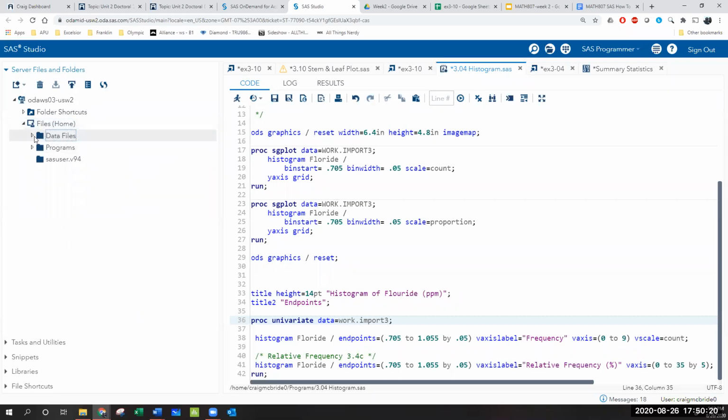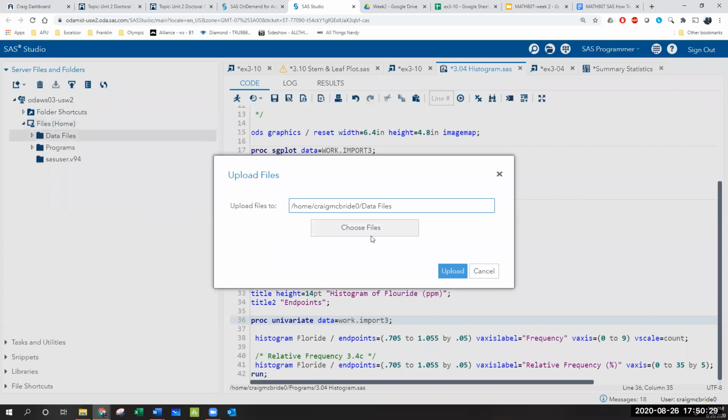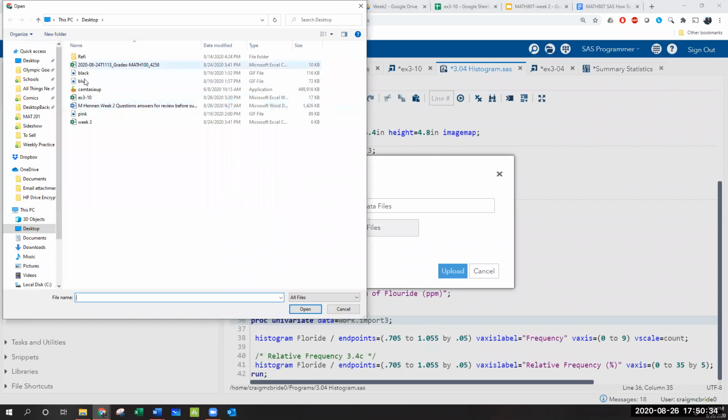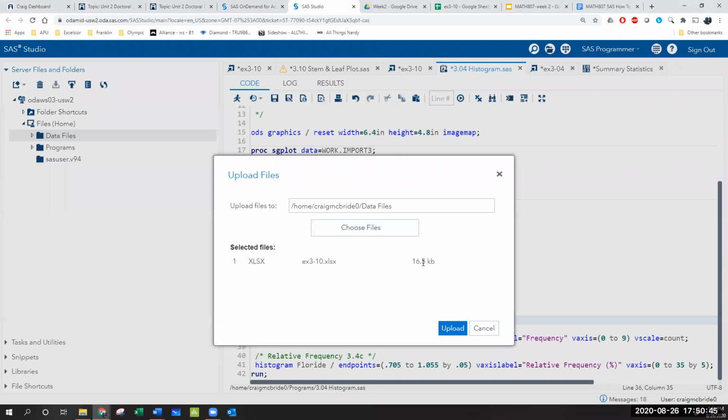Once you've created your folder, click on it so that it's highlighted, then hit this little upload button and go find your data file. So I hit upload, choose files, and I downloaded it to my desktop. On the desktop, here is the 310. I would double click that, it puts it here, and then hit upload, and it'll upload it to that folder.